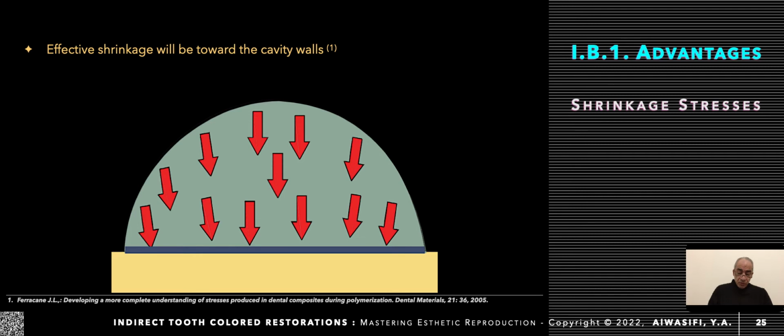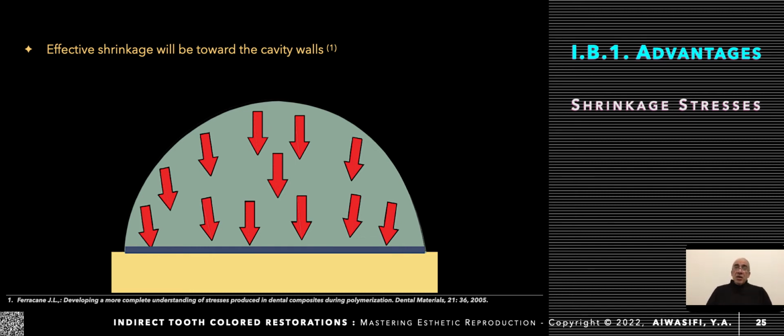The cavity wall has body temperature, which activates initiation of your composite, and also your bonding agent is applied, which appears as the dark line above the yellow tooth structure, the yellow rectangle that represents the tooth structure. This still has free radicals that are ready for reaction. That's why the effective shrinkage will be towards the cavity wall.